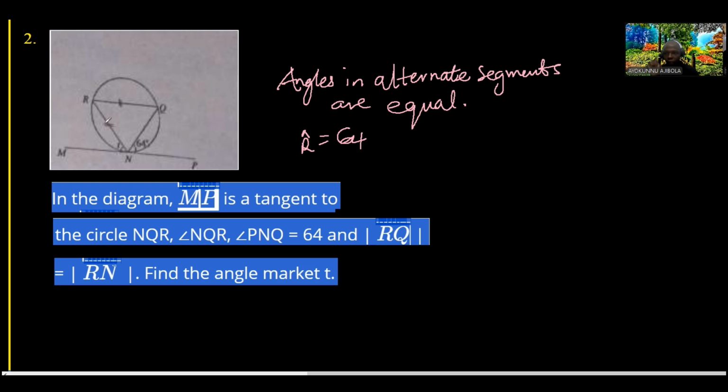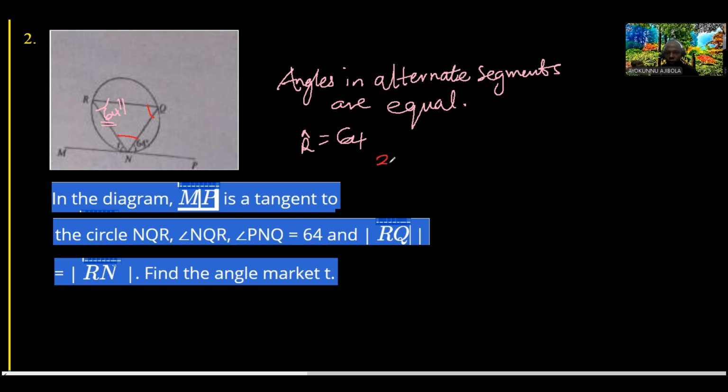And you've been given that two sides of this are also equal. So if this is 64, you can find this angle and this angle because they are going to be equal. So angle at N and Q there is going to be, let's say, twice of angle Q plus 64 is 180.